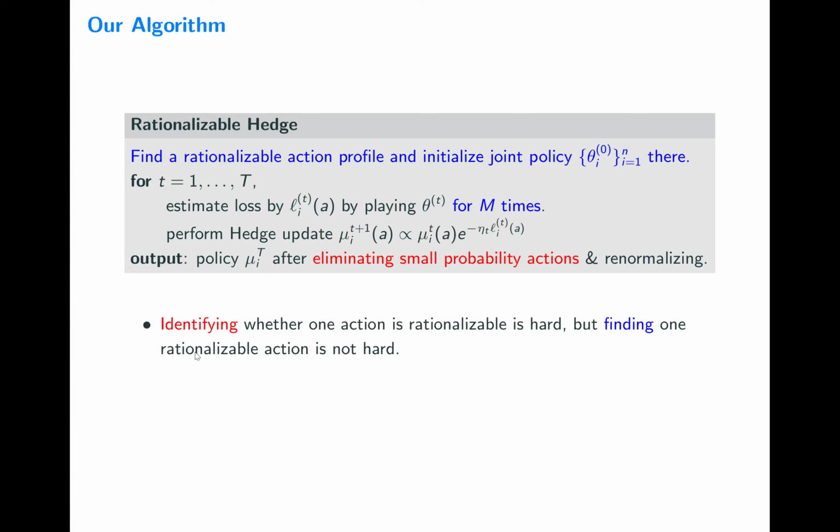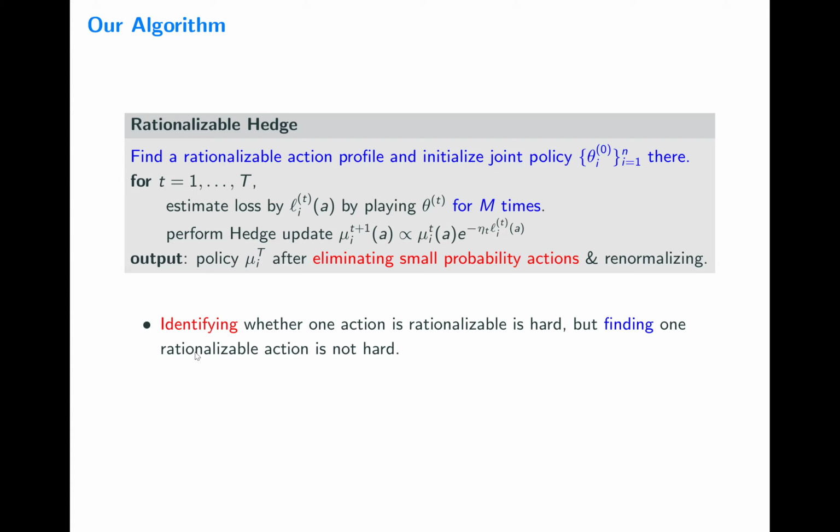So why is this a good algorithm? The first thing I want to explain is that in the previous slides we said identifying one rationalizable action or one dominant action seems very hard. But here in the initialization, we need to find one rationalizable action. So you might wonder whether this initialization is doable. It turns out there's a very subtle difference which makes this possible. In the previous slide, we said identifying whether one specific action is rationalizable is hard.